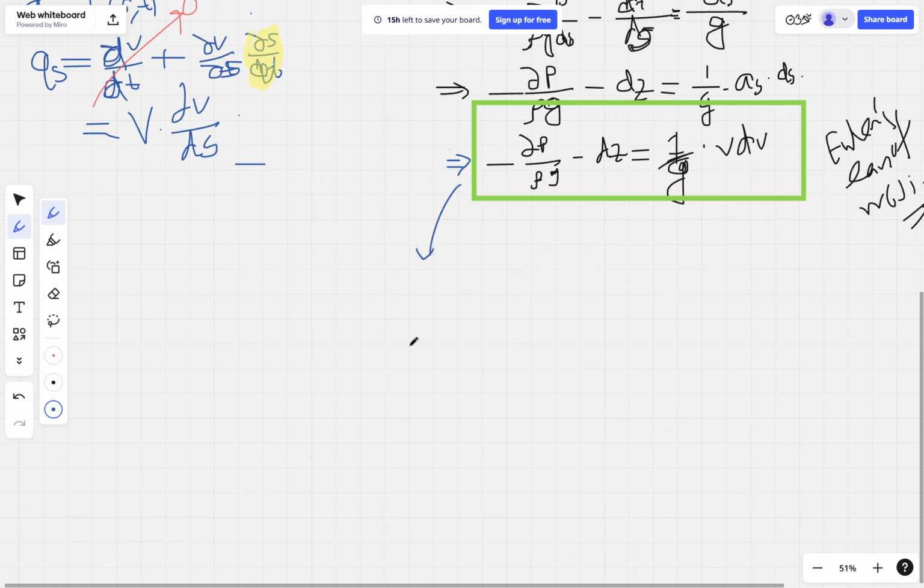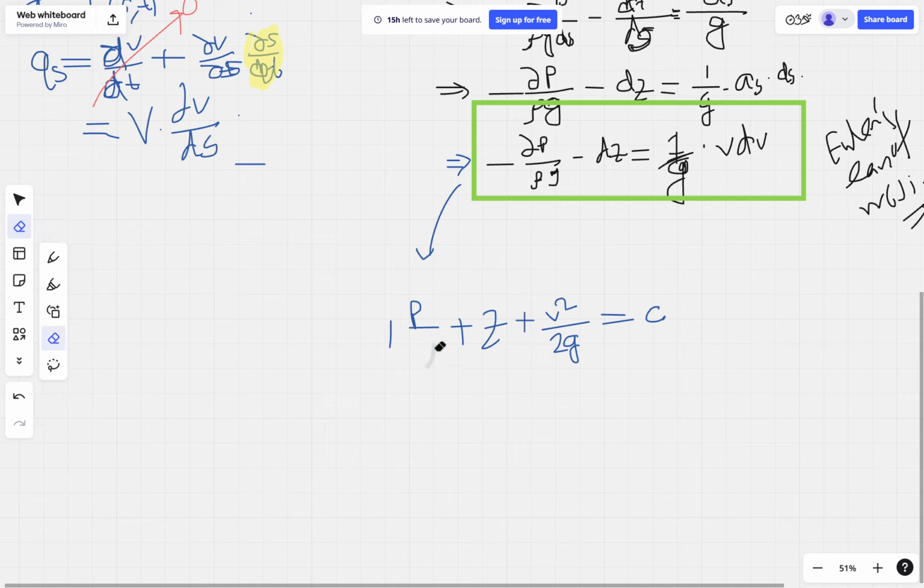If we integrate, we get minus p divided by rho g minus z minus v square by 2g, equal to a constant. Removing the minuses, we get this equation.